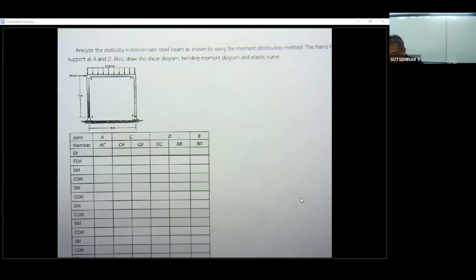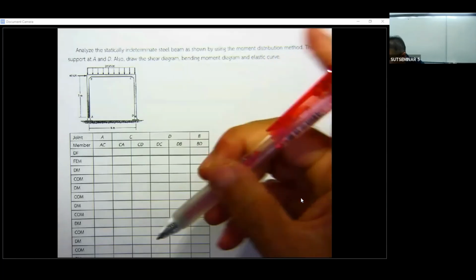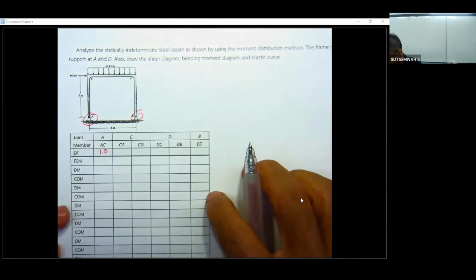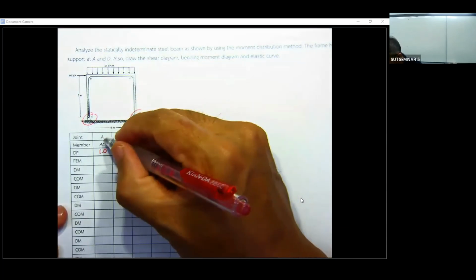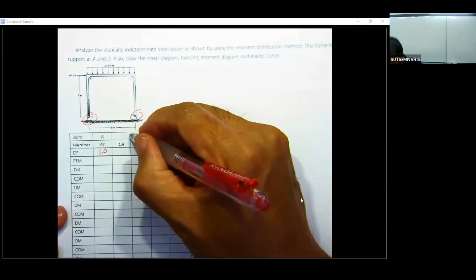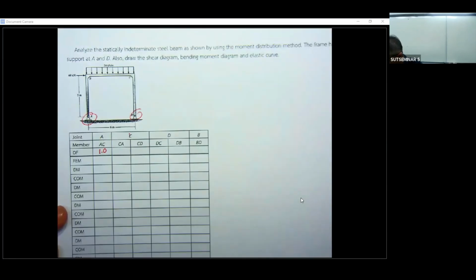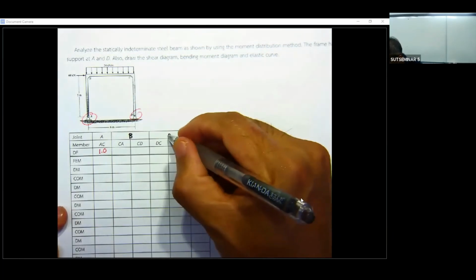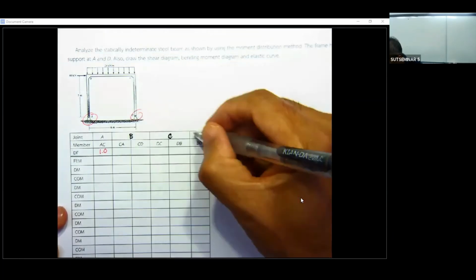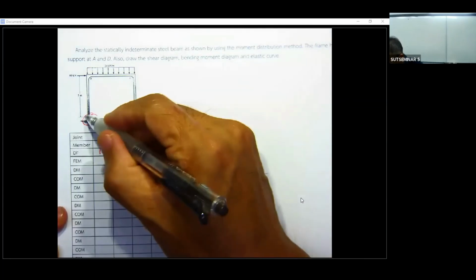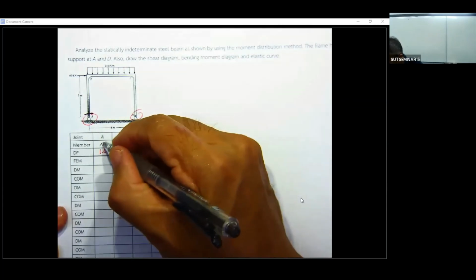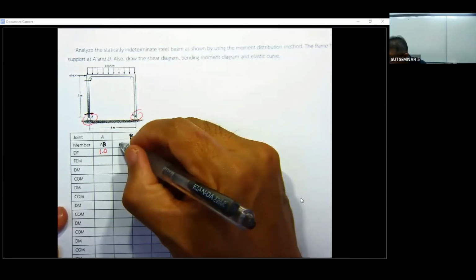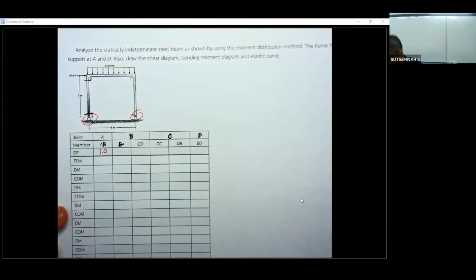So let us consider, we have this one for the pin. The joint. We start from joints A and B. Let me do the correction of this table. This is going to be B, and then C, and then over here D, and this one is going to be A, B, and this one is going to be B, A. Okay, and then you go further.